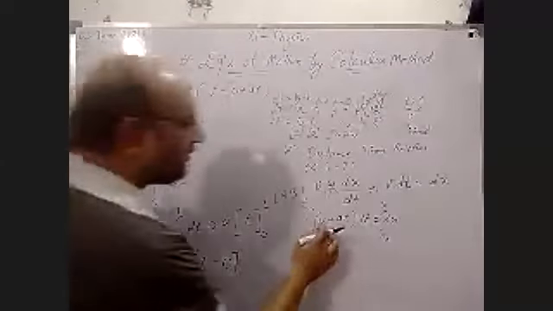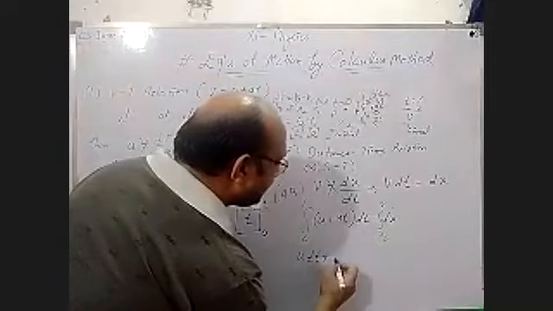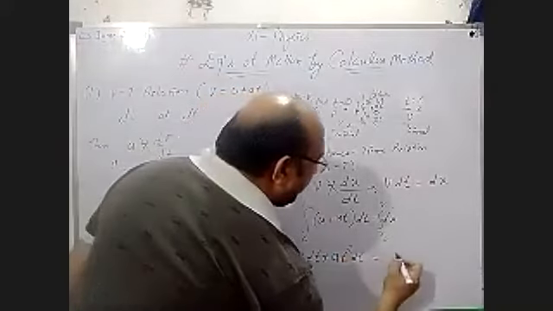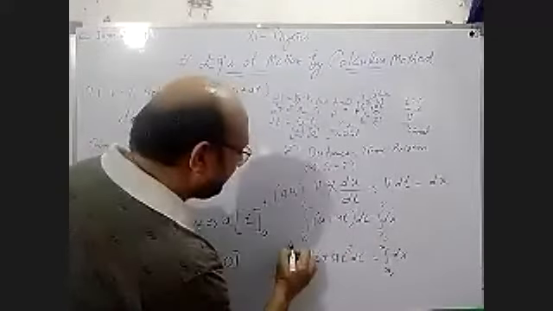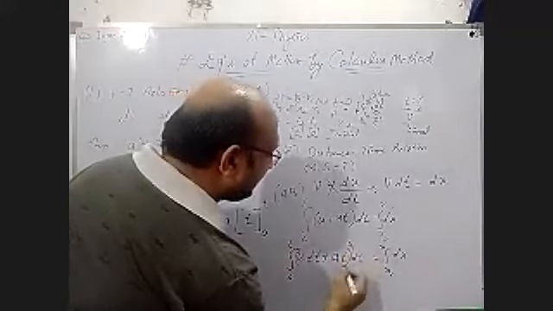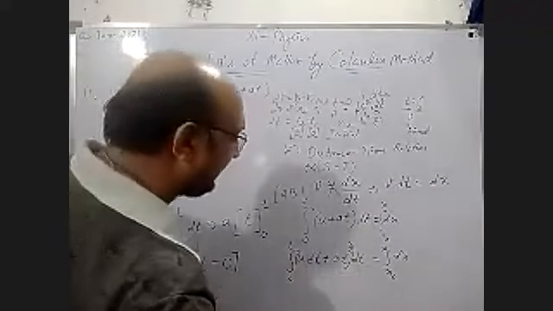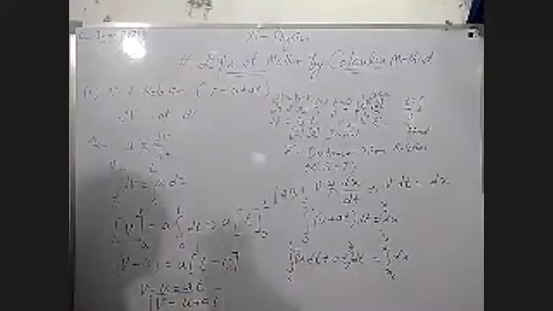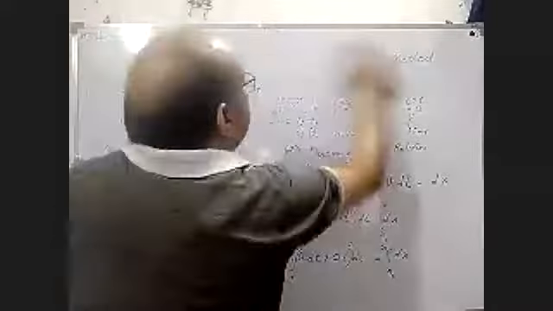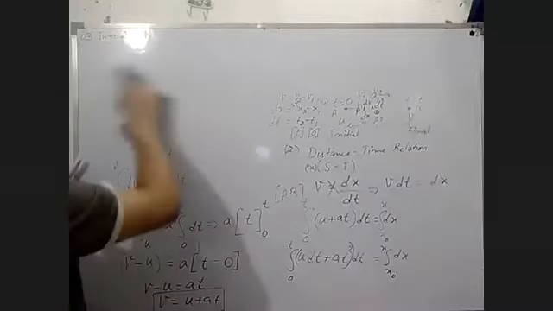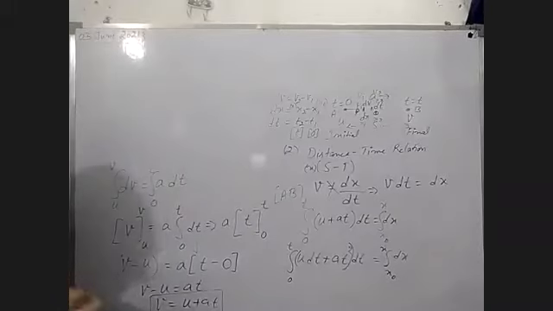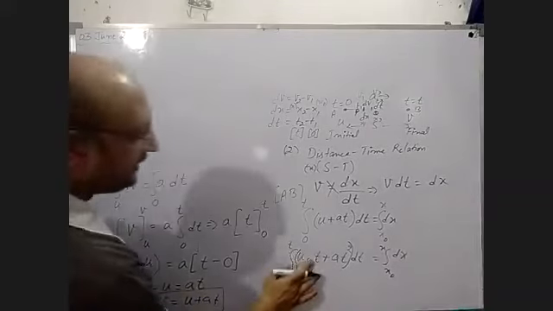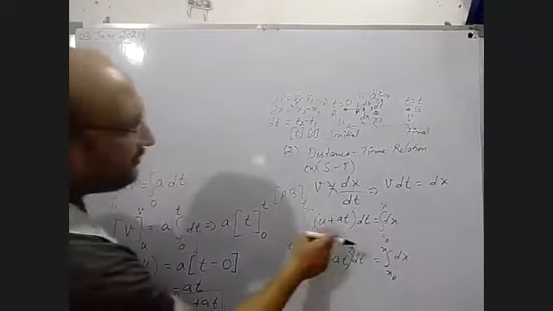Okay, now open this bracket: (u plus at) dt is equal to dx, integration x0 to x, here integration 0 to t, and all these things are in the bracket. Sorry, it is not dt here, it is u plus at.